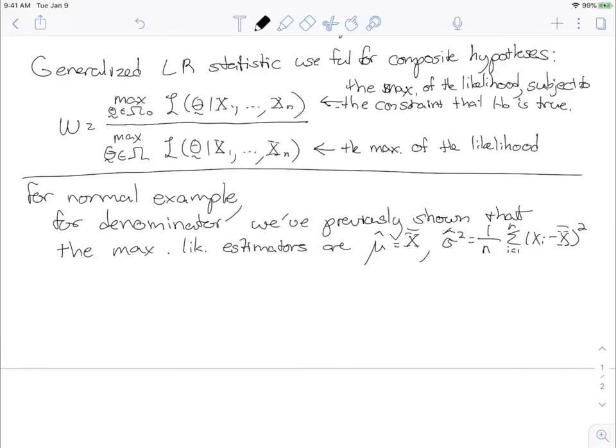And then for the numerator, we want to find a maximum, but subject to the constraint that the null hypothesis is true. So for the numerator, we're going to say the null hypothesis is true, and what that means is that mu is equal to mu 0.